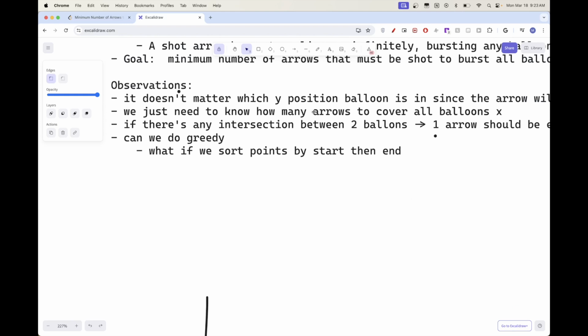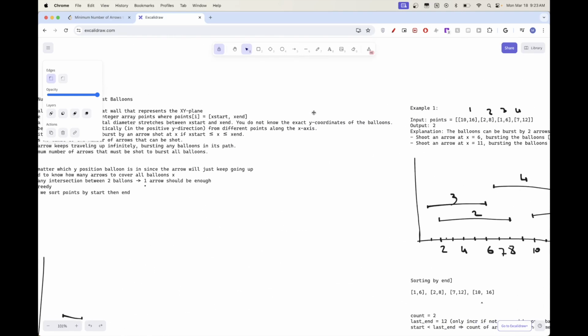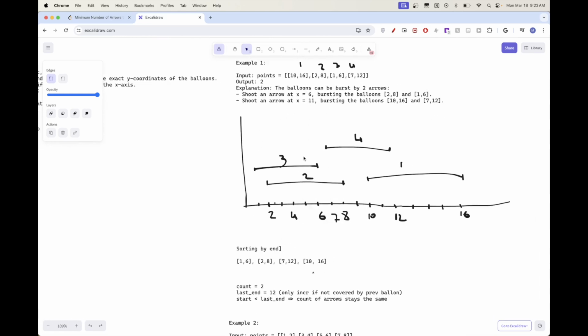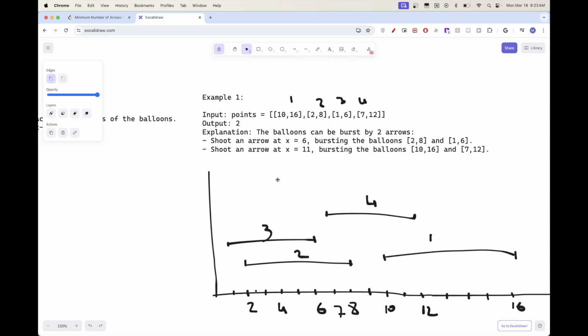And what this means is, if there is an intersection on the x-axis between two balloons, we can use just one arrow. We don't need to use multiple arrows. So if we take a look, for example, at the first example here, at the two intervals 2, 8 and 1, 6, they intersect.